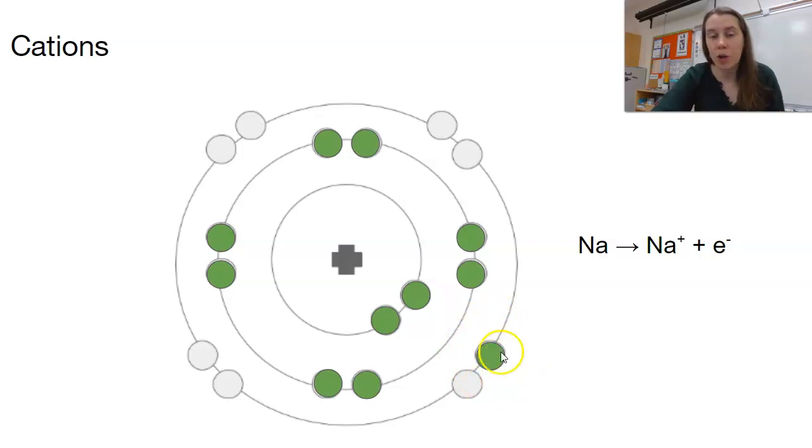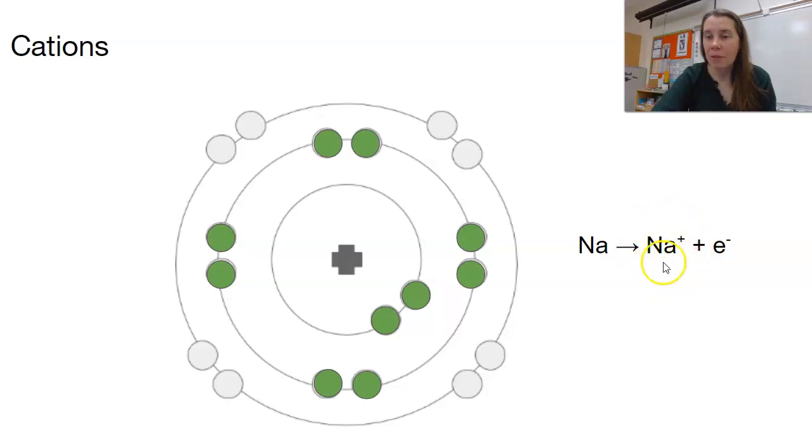We learned before that means sodium has 1 valence electron. And so the easiest thing for sodium to do, if it wants to have a full outer shell, would be to get rid of that 1 electron. If that goes away, now sodium has 1 less negative charge than it did before, so it will be a positive charge.